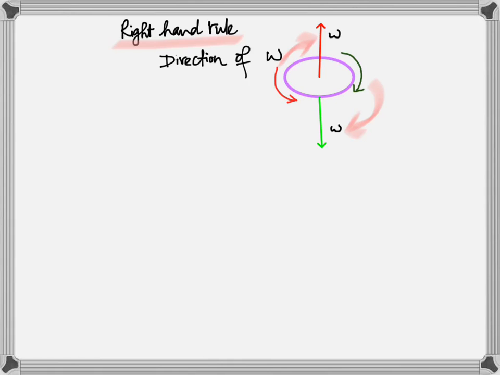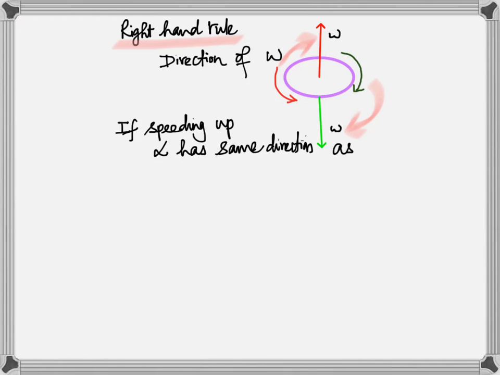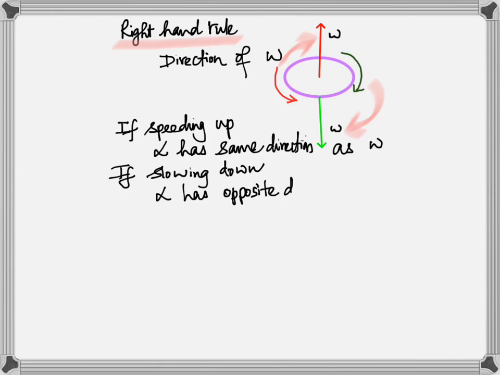If it's rotating the other way, angular velocity is down. If you're speeding up, the angular acceleration has the same direction as angular velocity. But if you're slowing down, then angular acceleration has the opposite direction.